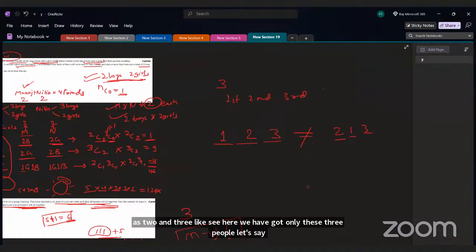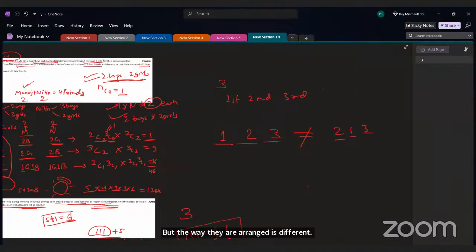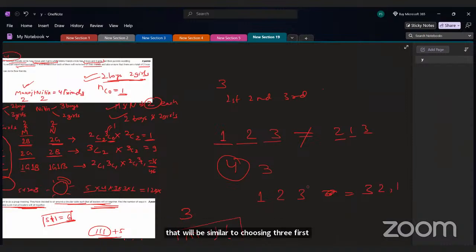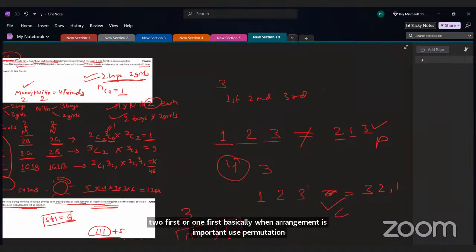In combination, we just have to choose people. Like we got 4 people and we have to choose 3 of them. Whether you choose 1 first, 2 first, or 3 first, that will be similar to choosing 3 first, or 2 first, or 1 first. Basically, when arrangement is important, use permutation, and when arrangement is not important, use combination.